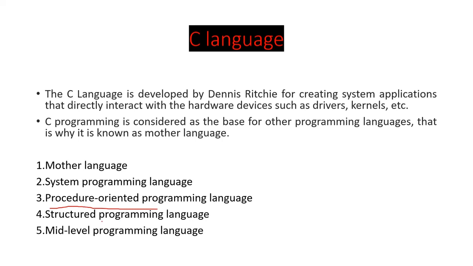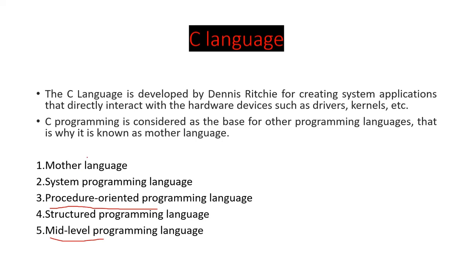C is also called structured programming language because it is a predefined programming language. And last one, C is also called mid-level programming language. Mainly there are three levels. First one is low level, mid-level and high level programming language. Now C is called mid-level programming language.